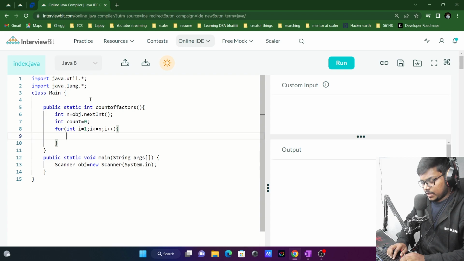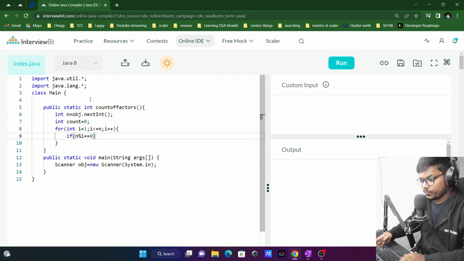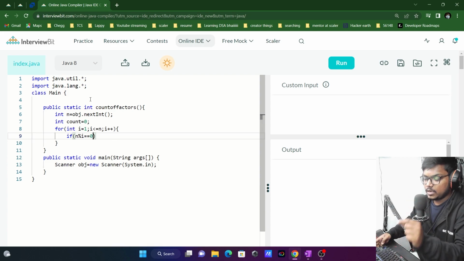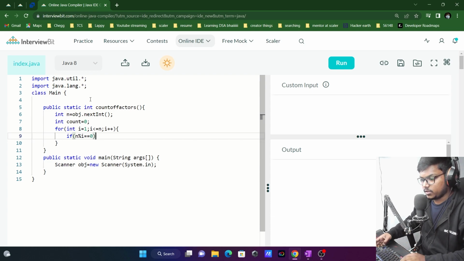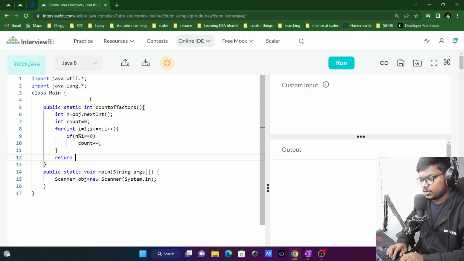Now I have to check if n modulus i equals 0. As we said earlier, any number which divides n is a factor. So that's what we are doing here. If n modulus i equals 0, then I have to do count plus plus. Now I'm returning count.